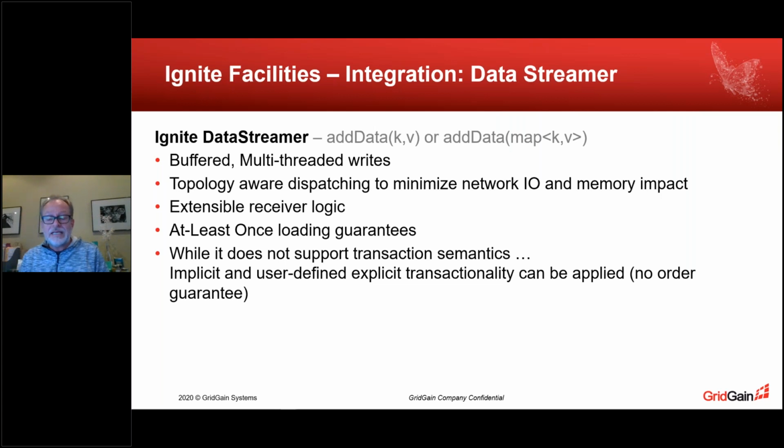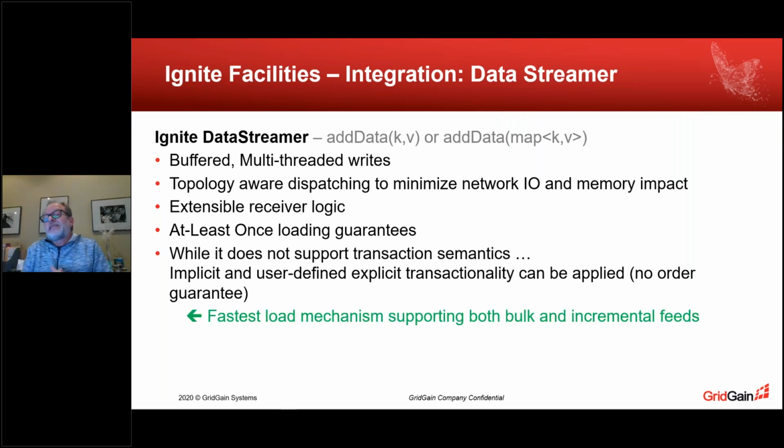You can't guarantee the order in which those things arrive, but you can set up implicit or user-based transactions on the individual record level. Okay, and this is, as I said before, the fastest loading mechanism and supports both bulk and incremental feeds into your cluster, into the IMDB or IMDG.